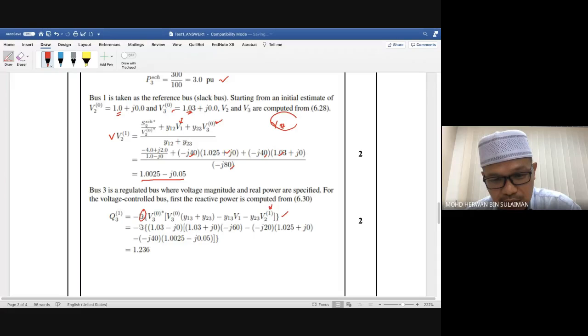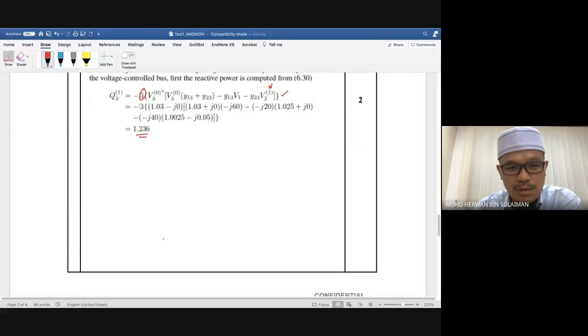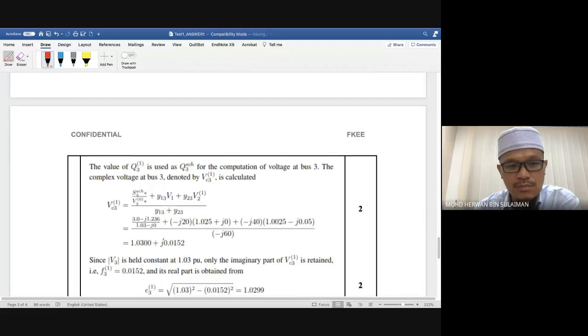Ini dia yang you dah kira ni tadi. Okay, so you dapat Q value dia ialah 1.236. This is the value for Q. The value Q is used as Q schedule because you nak masuk dalam equation ni kan.